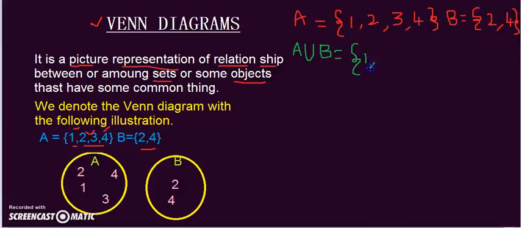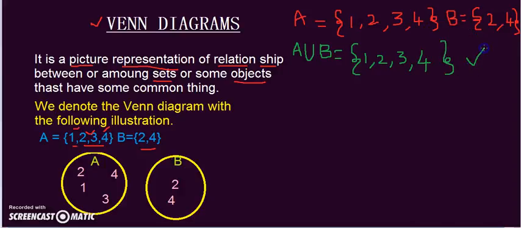So in my set A I have the elements 1, 2, 3 and 4, and in the set B I already have 2 and 4, which I have already entered. So this is my A union B, the union of both A and B.